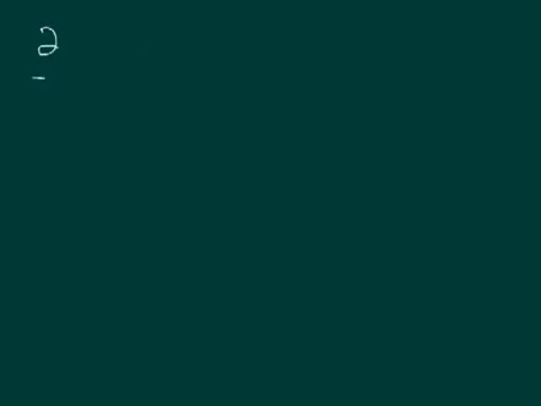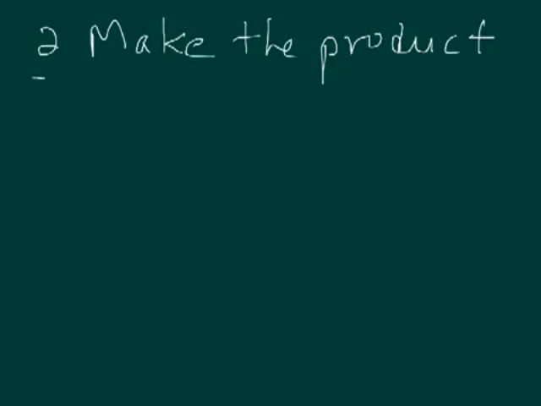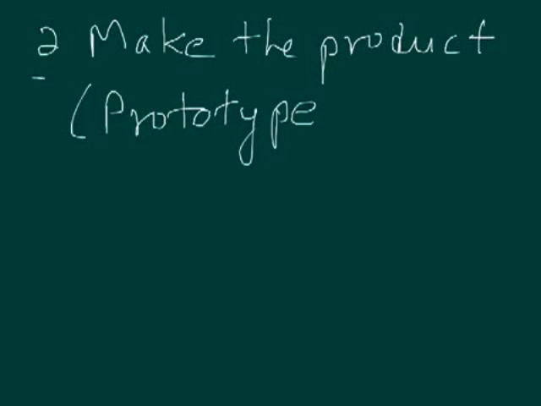Number 2, he said, was make the product, which includes the prototype, and make the product also in production using production lines, equipment, or machinery.